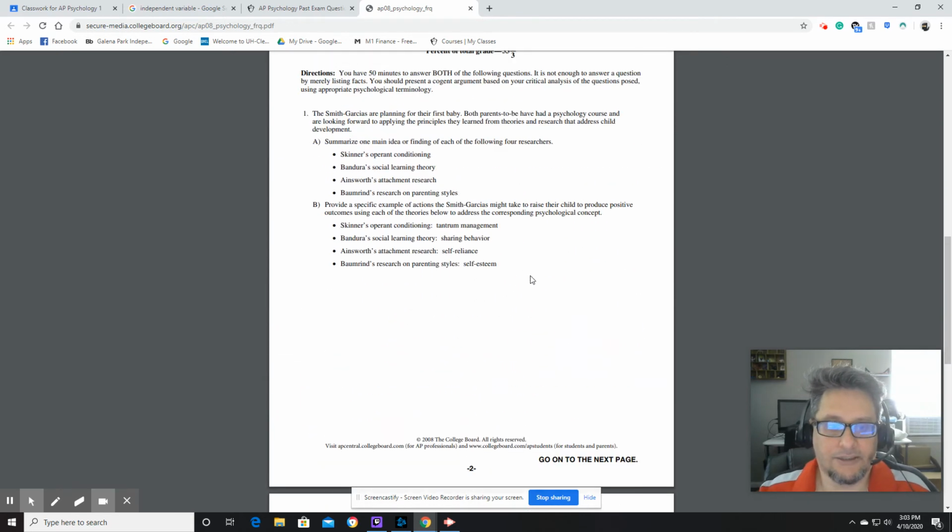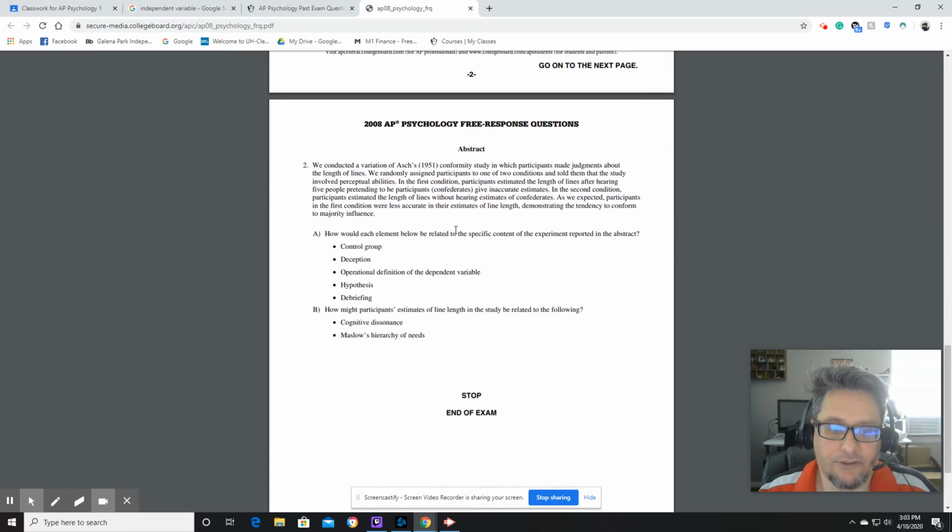Okay, so this will be similar to question 1 that they have there, and this will be similar to question 2. So we conducted a variation of the Asch conformity study in which participants made judgments about the length of lines. We randomly assigned participants to one of 2 conditions and told them that the study involved perceptual abilities. In the first condition, participants estimated the length of lines after hearing 5 people pretending to be participants, but they were Confederates, which means they were working for the experimenter, give inaccurate estimates.